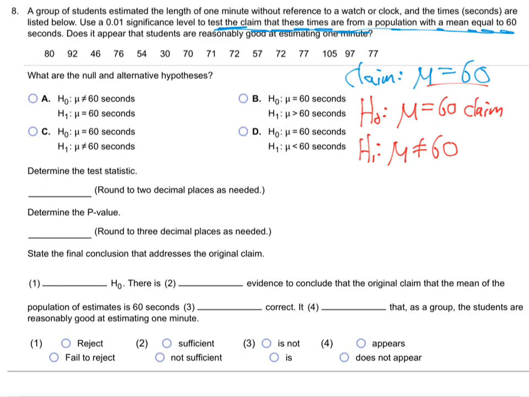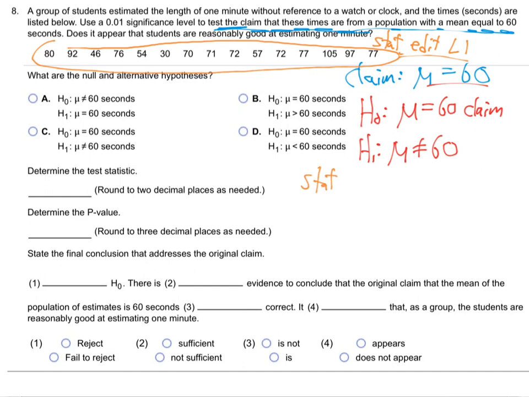Okay, so put the stuff in your calculator. All this goes in L1, right? You hit stat, you put all this in list 1 by hitting stat and edit in L1. Stat, edit L1, put all that stuff in L1, and then you go stat and t-test, and then the mu0 is 60.